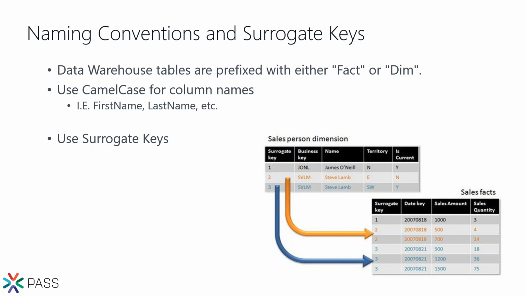Typically, it's industry common practice to distinguish between the fact table and the dimension table. So you can prefix the table with fact or dim, whichever way you prefer. Just have some differentiation between the dimension table and the fact table.